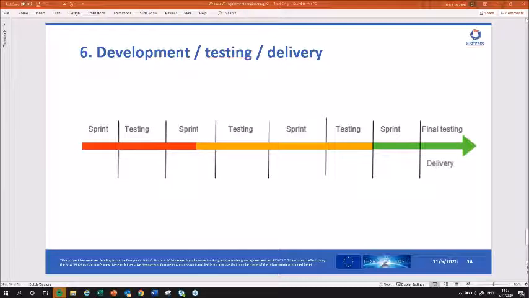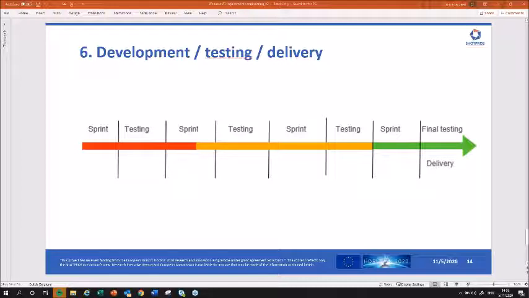So we have developed it and then we test. And of course, it's never perfect. We get feedback internally, we do a new sprint and we develop it until we reach the point that we have defined as, okay, this is okay.